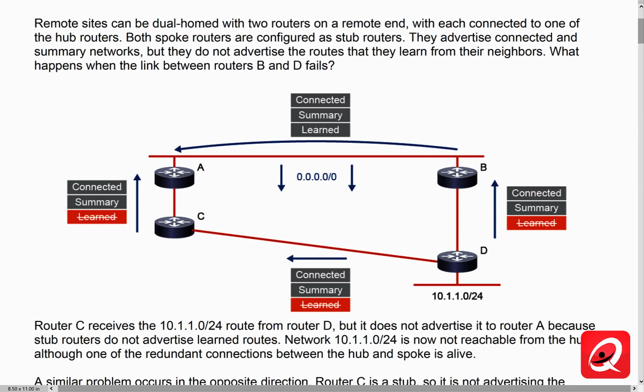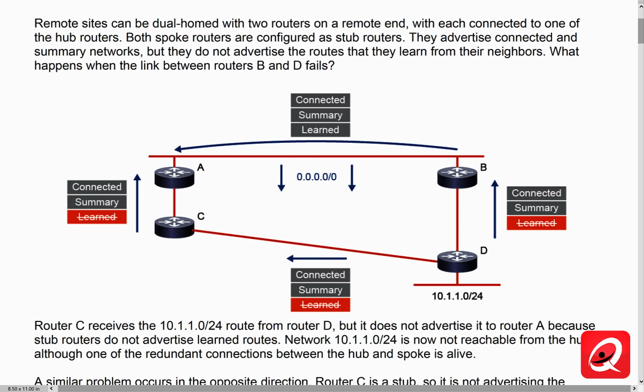So we lose reachability here when that reachability technically exists. Network 10.1.1.0 is now not reachable from the hub, even though one of the redundant connections between the hub and the spoke is alive. This will happen in the opposite direction as well. Router C is a stub, so it doesn't advertise the default route to router D that it might be receiving. As a result, router D has no connectivity with the hub.